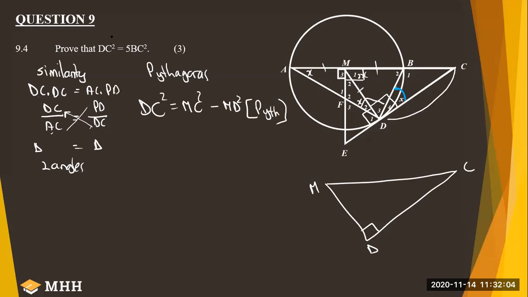Then let's see. Okay, so I've got the DC squared, so halfway there. I need to say something about BC. It means I must substitute all of these with a BC. Okay, so it means get rid of the MC. Okay, let's see.